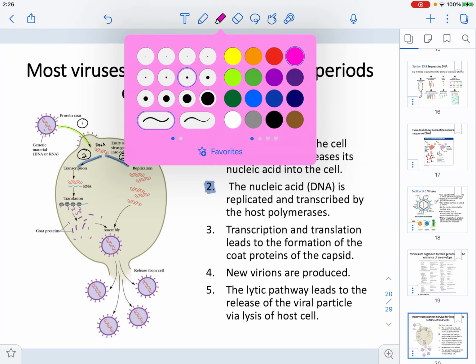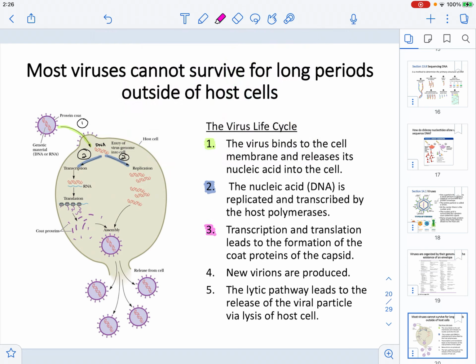So on step 3, as you can see, we have specifically how the transcription and translation are going to be building those proteins of the capsid. As you can see on step 4, we have the assembly.